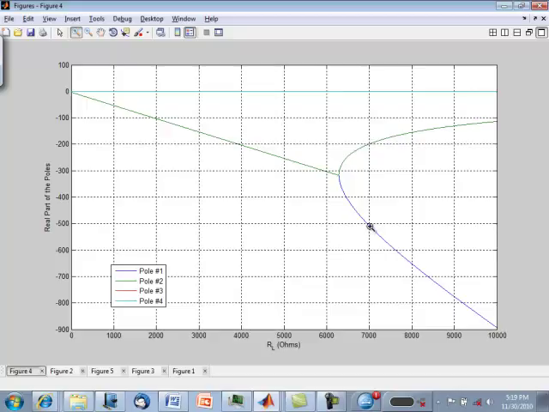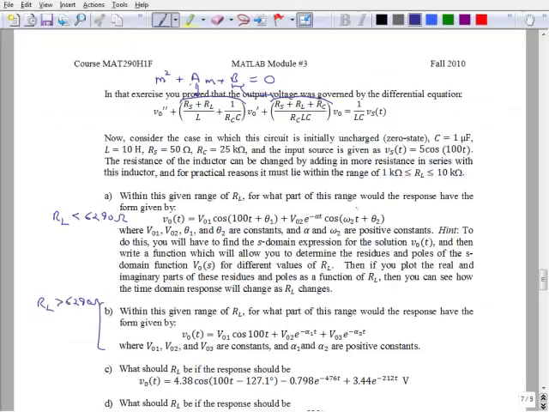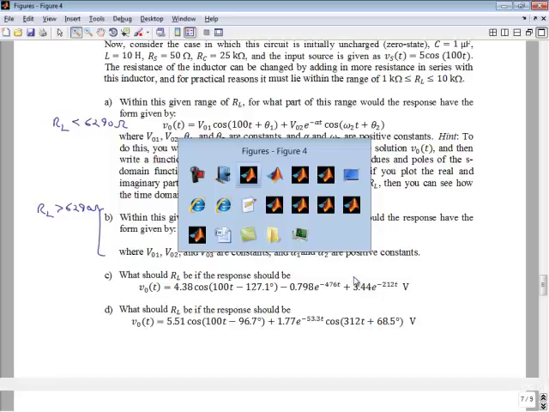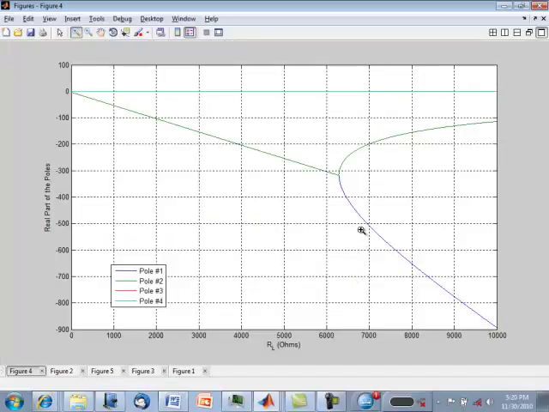Right about here, the real part is minus 212, so say this is 6,820. Let's see if this produces the correct response. At 6,820, this is about minus 476, which is what we're looking for.